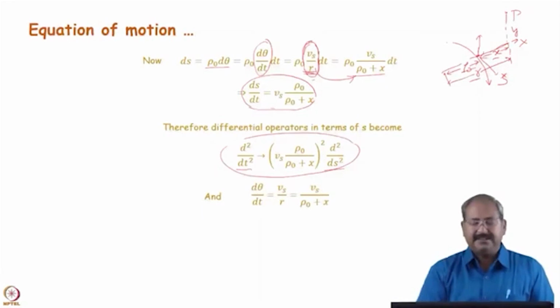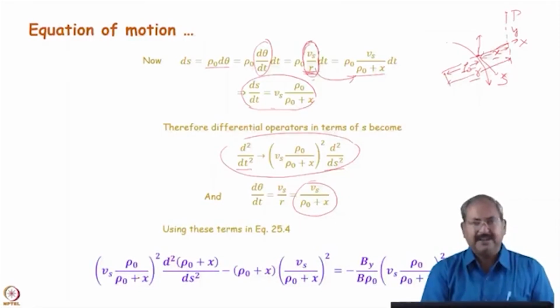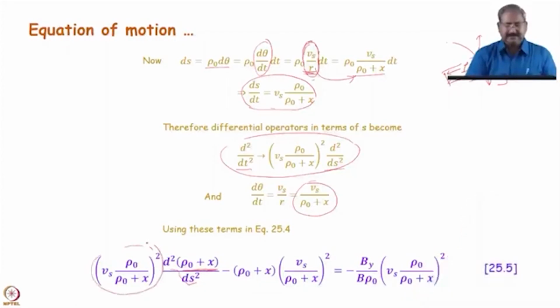And d theta by dt is Vs by rho 0 plus x, which we have calculated. So in our equation of motion, in place of d2x by dt square, we have written d2 by ds square, and in place of r we have written rho 0 plus x. And because we are converting to d2 by ds square, this term appeared here.